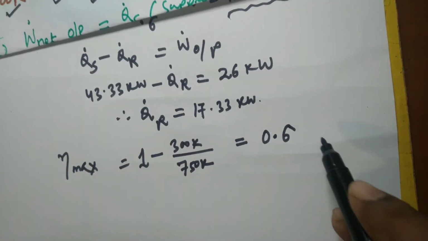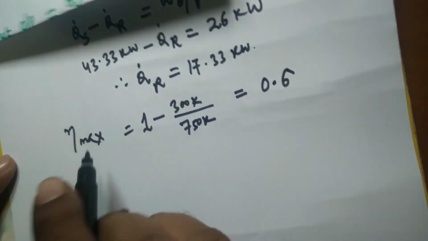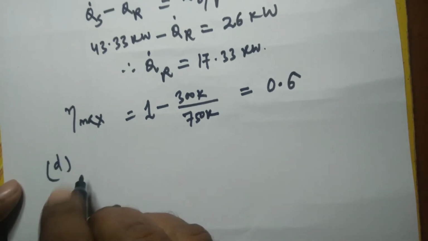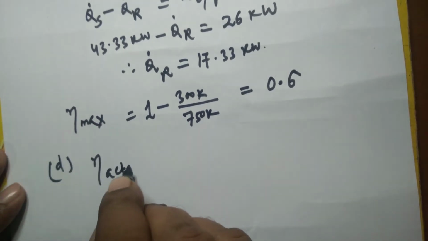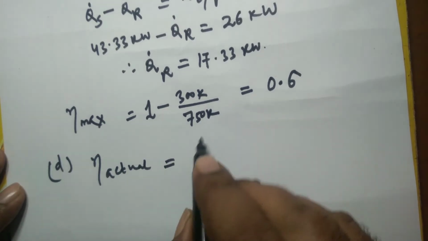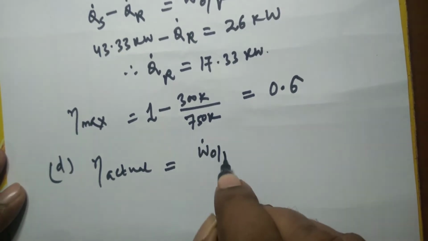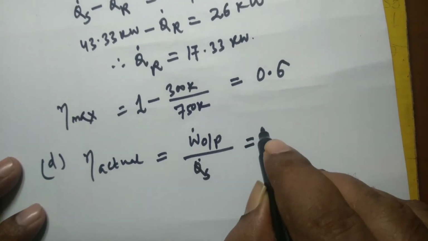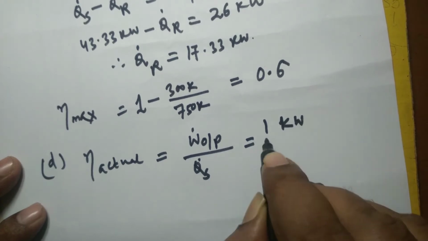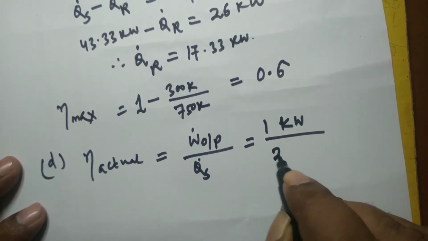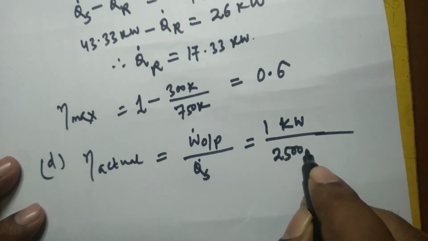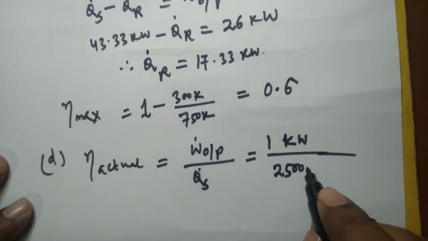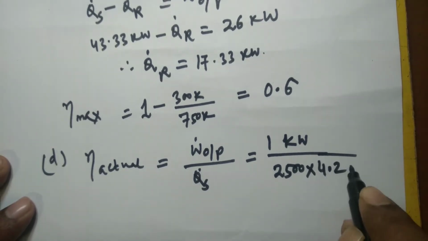So first, the efficiency of this actual heat engine is rate of work output divided by heat supplied. Work output is given in terms of kilowatt and heat supplied is given in terms of kilocalorie per hour: 2500 kilocalorie per hour. 1 kilocalorie is 4.2 kilojoule.